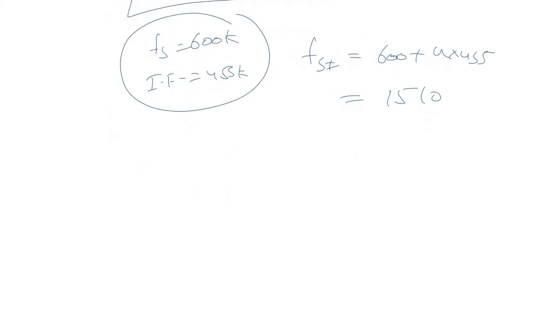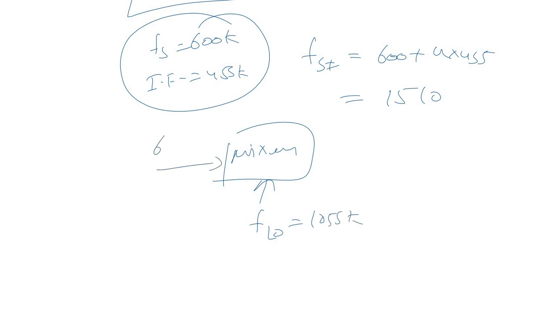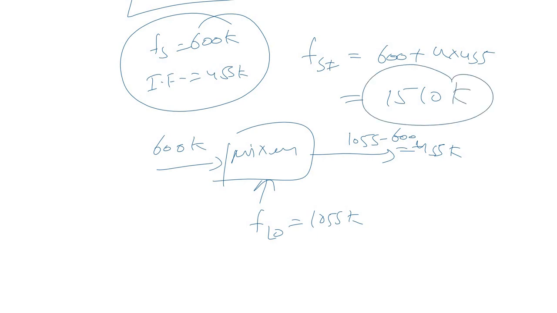For this particular system, we know the mixer is multiplied by FLO, the local oscillator frequency of 1055 kilohertz, and 600 kilohertz is the input signal, so that the resultant is 1055 minus 600, that is 455 kilohertz.